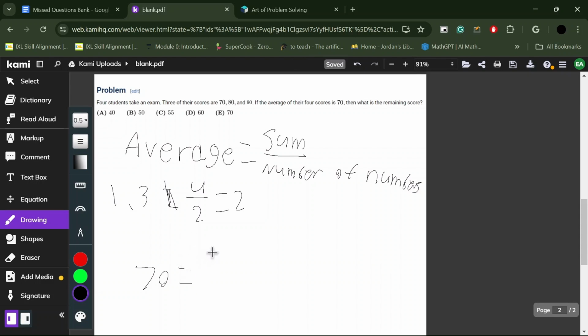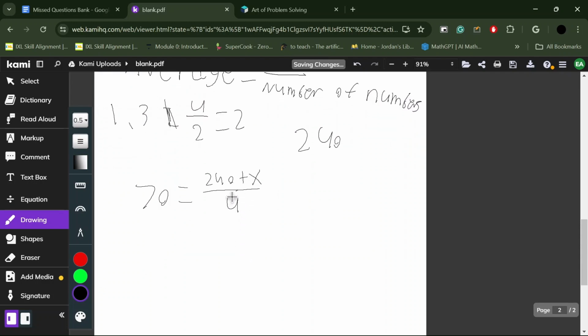70 is equal to the sum, which is 70 plus 80 plus 90, plus a mystery number. We don't know the fourth score, right? So 70 plus 80 plus 90 is 240. So 240 plus, make a variable x, and we're dividing that by the amount of numbers, which is 4.